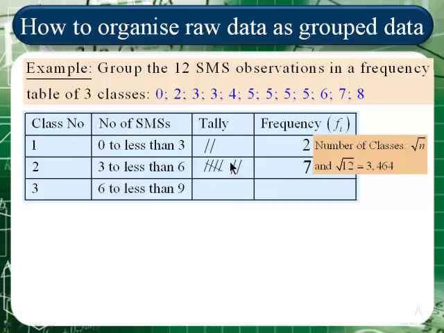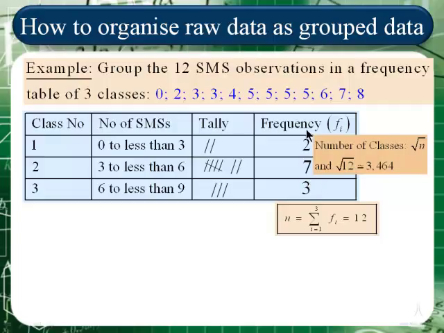You should be familiar with this, where we make bundles of 5. So 4 observations, and the 5th one completes the bundle. It just makes it easy to count at the end. We don't have to count each one physically. And then finally, in the 3rd class, we clearly have only the observations 6, 7, and 8, and the frequency of that is equal to 3.